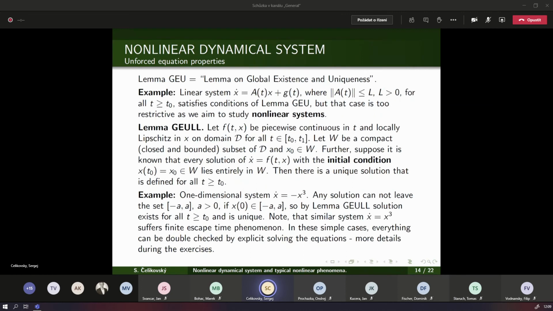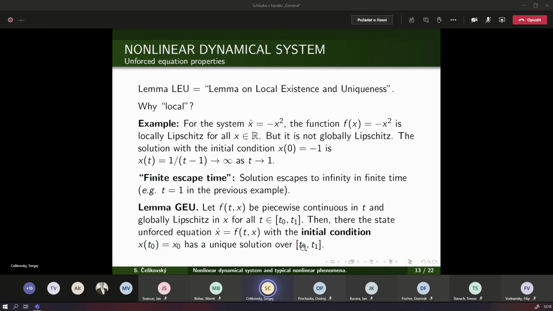An example is again a linear system. If this time-varying matrix is bounded in some norm by some constant, then we may say that it has a global solution.